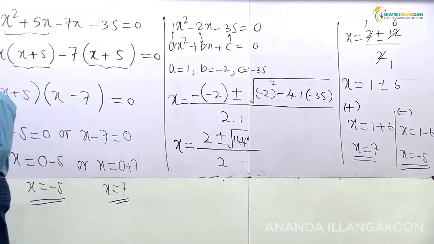Then we'll go to the complete the square method. Apply the complete the square method as the third one, and you will get the same answers.